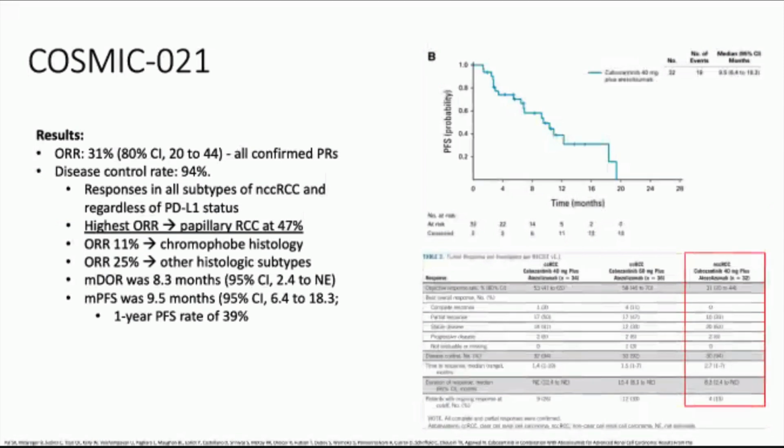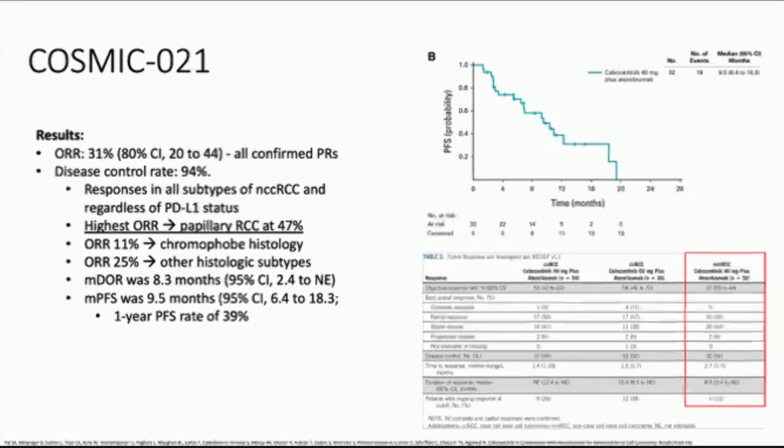So of the 32 patients included, half eventually discontinued both drugs due to disease progression, lack of benefit, or just adverse events. And the overall objective response rate was 31%, which were all partial responses with no complete response noted.